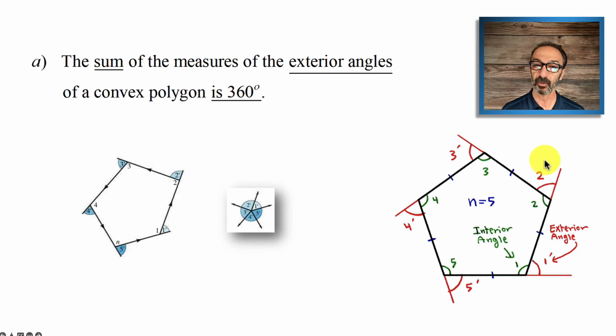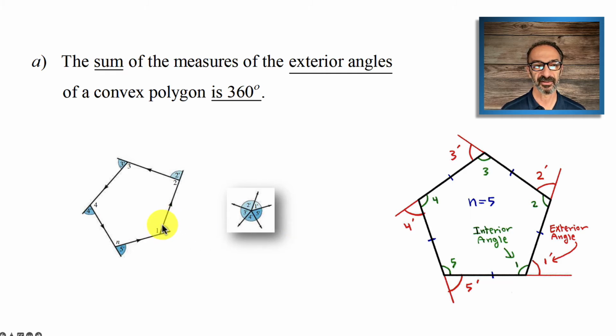In case n equals 5, we are saying that 1 prime and 2 prime and 3 prime and 4 prime and 5 prime add up to 360. This is another figure that shows 1 prime, 2 prime, 3 prime, 4 prime, 5 prime. This would be a class activity: you cut this angle, this angle, this angle, this angle, and this angle, and you put them next to each other. They will form 360 degrees.